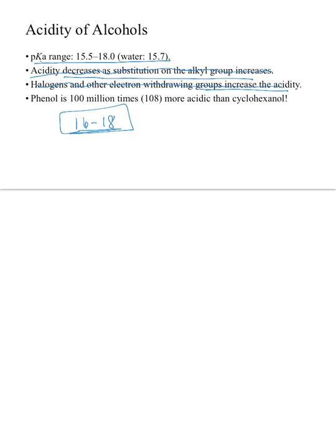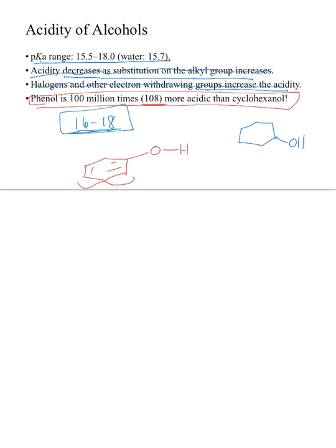You do need to know that phenol is 10^8, 100 million times, more acidic than cyclohexanol. So what's a phenol? Phenols are OHs connected to the aromatic, and cyclohexanol is without the aromatic. So this is an sp3 carbon. This is an sp2.